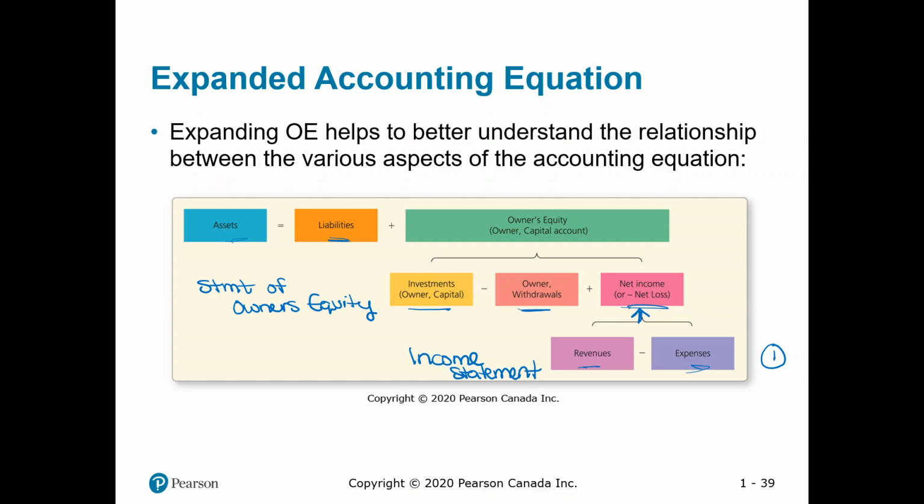And that gets us to our ending capital balance, which then flows up here. That's second. That ending balance flows up, and it is in the capital account, which goes on the balance sheet. So we show our assets equal liabilities plus owner's equity. It's just expanding that and showing that flow and the relationship between the statements.